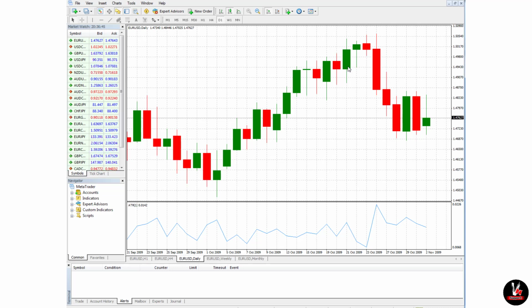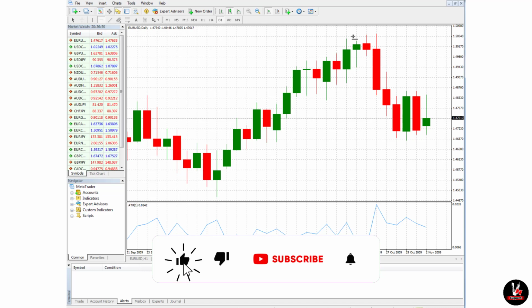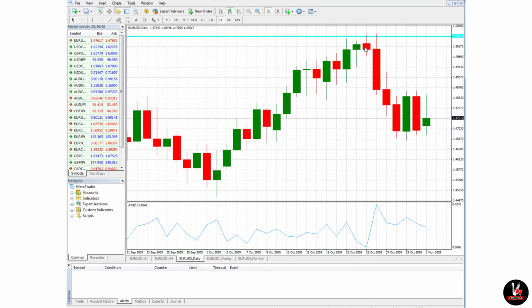For instance, we could say that we'll take the horizontal line here, place it right there. We can say that 1, 2, 3, 4, 5, 6, 7, 8, 10. We can say that's easily the highest high of the last 10 days.